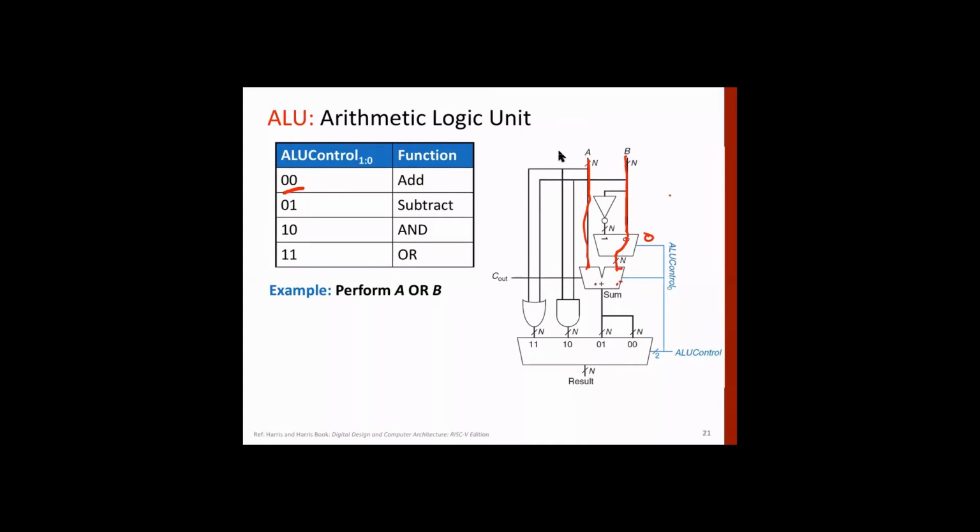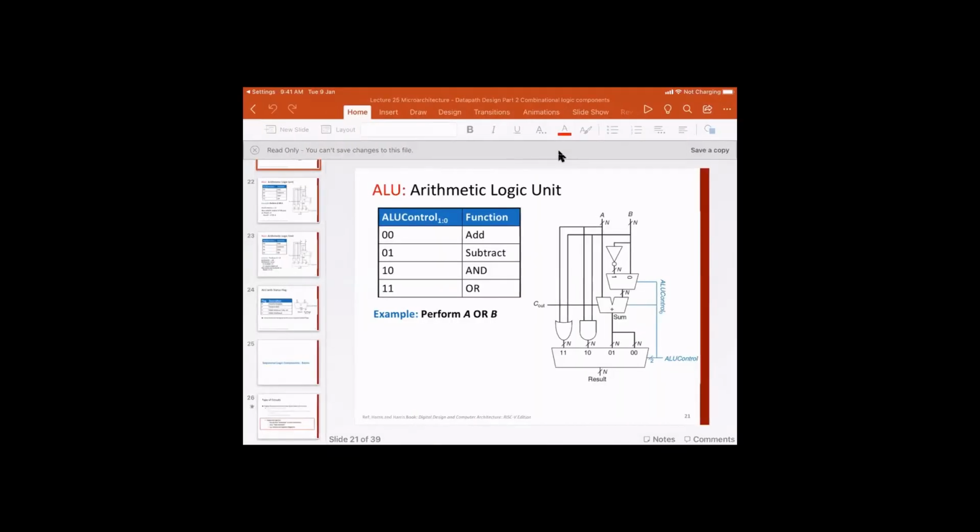So what we'll have here is A plus B, available here and here as well. When we have 0 0, it will select this input, so the output will be A plus B. Simple, you would have done this.